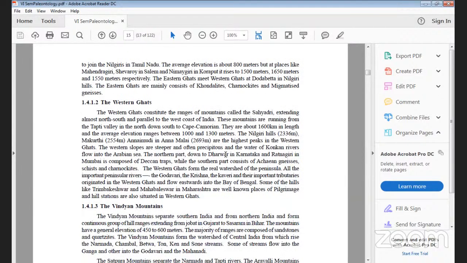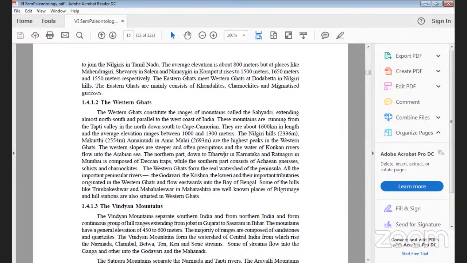As well, we see the Western Ghats. The Western Ghats constitute the ranges of mountains called Sahyadri, which extend almost north-south and parallel to the west coast of India. The mountains run from the Tapti Valley in the north down to Cape Comorin in the south.